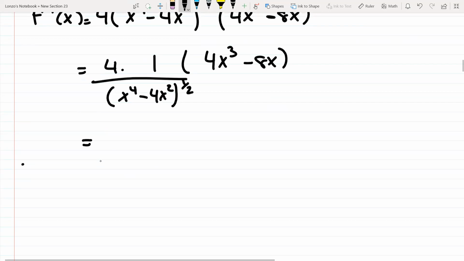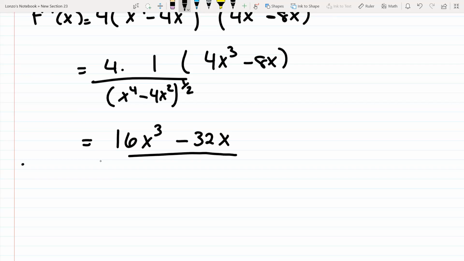So when you multiply out the 4, this is going to be 16x cubed minus 32x over, now x to the fourth minus 4x squared raised to the 1/2, that's equivalent to saying the square root of x to the fourth minus 4x squared, right?